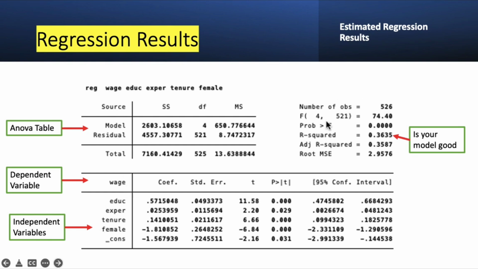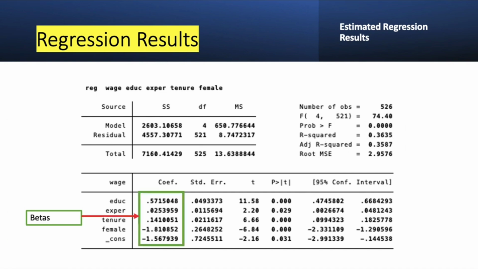This box explains to us whether this model that we've chosen to explain the variation in wages is good or not. The coefficients over here are all the beta values associated with the parameters. So the beta value for education is next to it. Then you have the beta value for experience, tenure, and then gender.